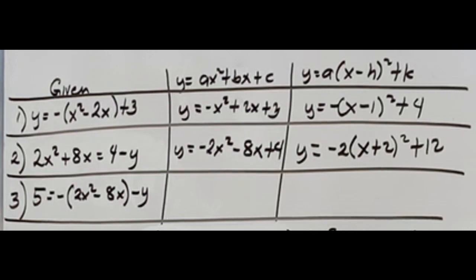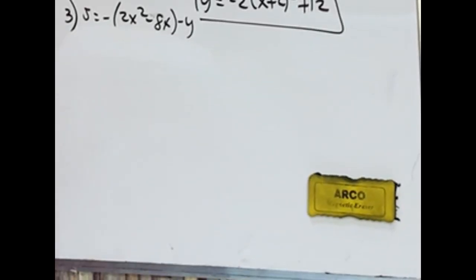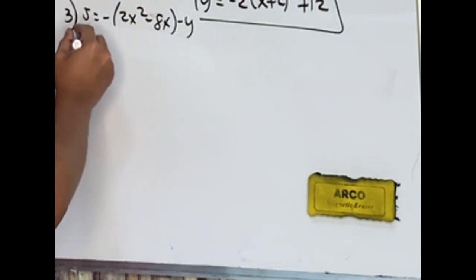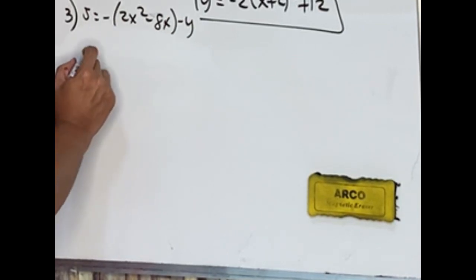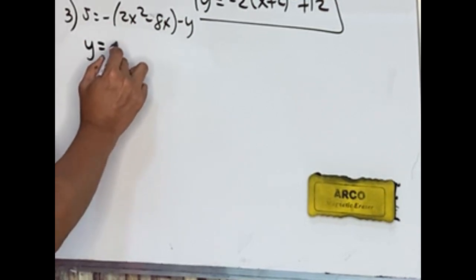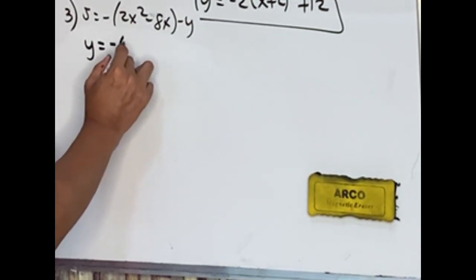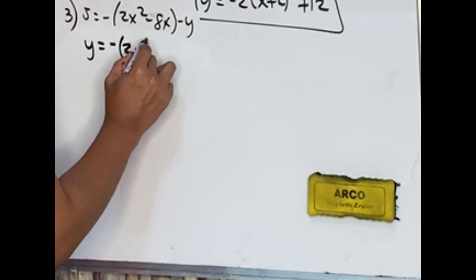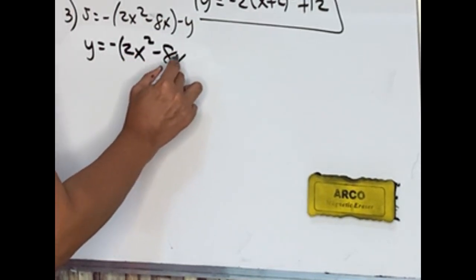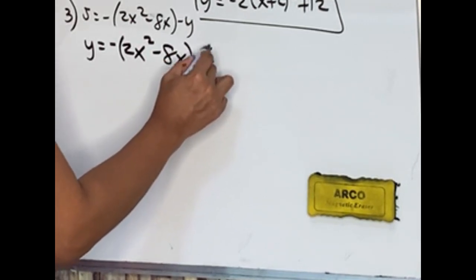Now let's have number 3. Okay, now let's work on number 3. So we need to rewrite it in the form y equals ax squared plus bx plus c. So we will transpose y on the other side of the equation as well as 5. So we have negative y equals 2x squared minus 8x minus 5.